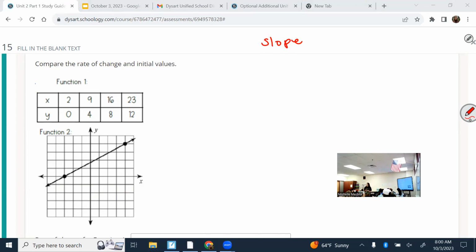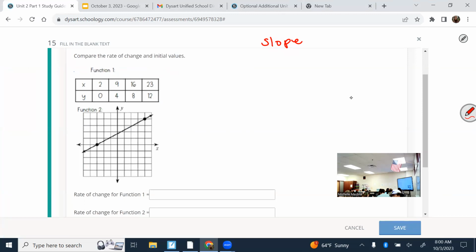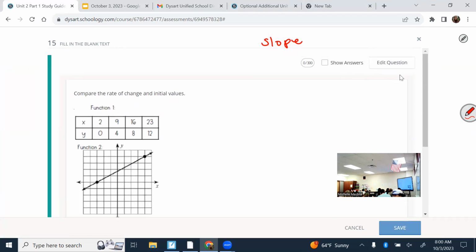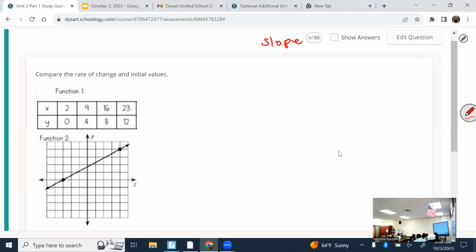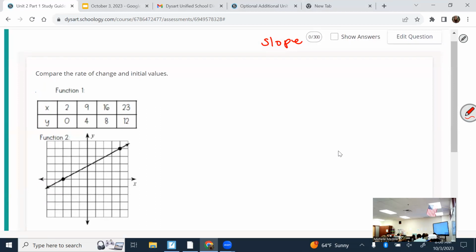So you're looking at it from a few different displays. And there's a few different definitions for slope, a few different methods you could use that sometimes work better for certain displays. I think the one that might work for all of these is either rise over run if it's a graph.